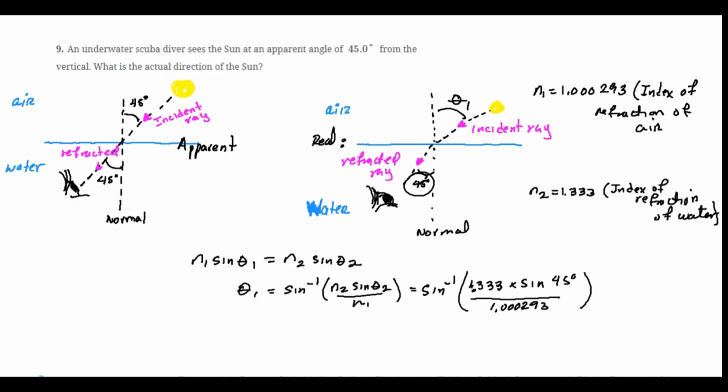And when we calculate theta 1, we will find that theta 1 will be 70.44 degrees with respect to the normal.